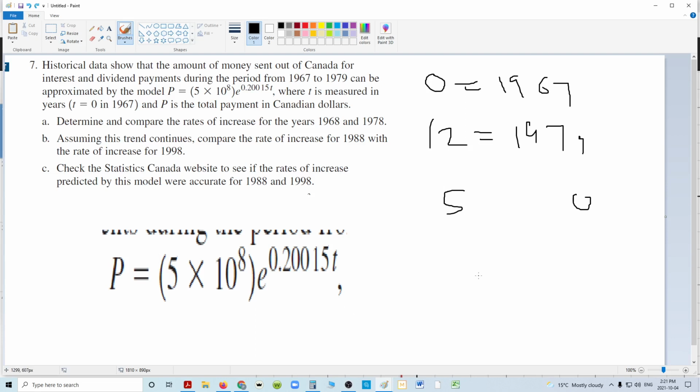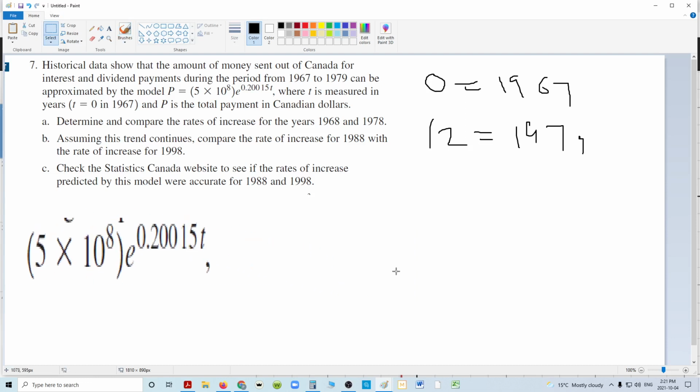Let's find the rate of change. So you're going to take the initial exponent, multiply it by the ln of e, which we can just ignore because the ln of e is 1. And then we're going to multiply it by the derivative of the exponent, which is just that.